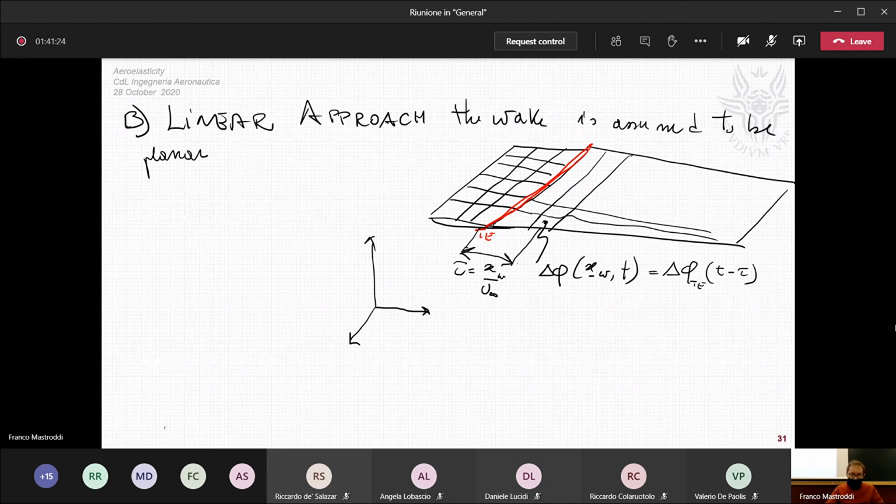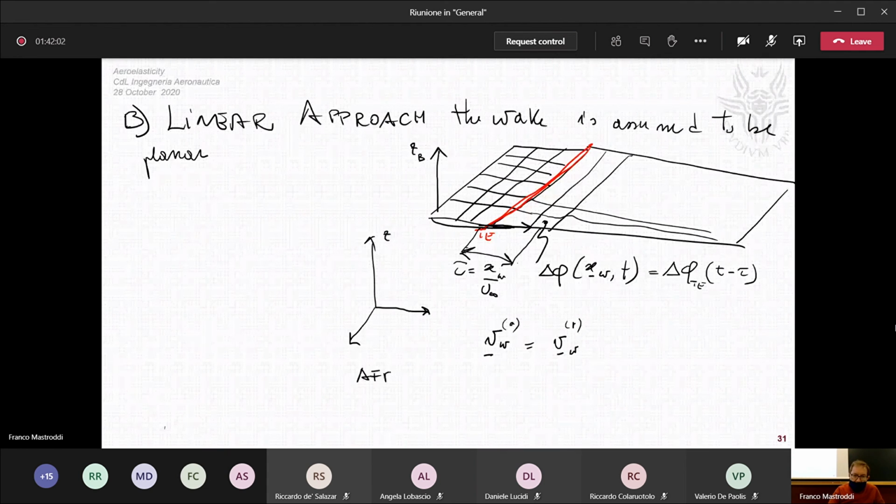Okay, so this is the case, for example, of the V-wake. V-wake is evaluated as absolute velocity. And this absolute velocity is equal to the relative velocity of the wake. Relative is with respect to the body. This is the body frame of reference. This is zeta body. This is x body. And this is zeta no body.